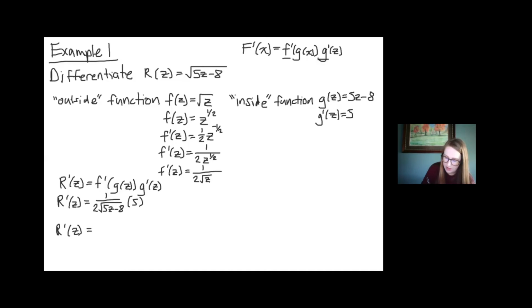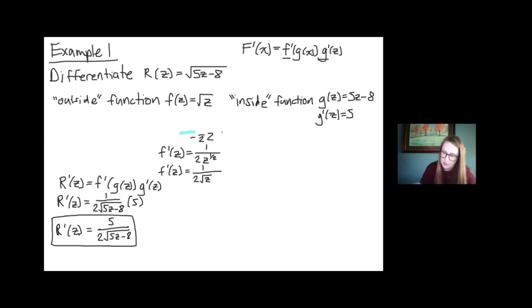So this becomes 5 over 2 square roots of 5z minus 8. That's the derivative. Okay, let me show you another way to look at this. I'm going to just erase this to give myself some room.